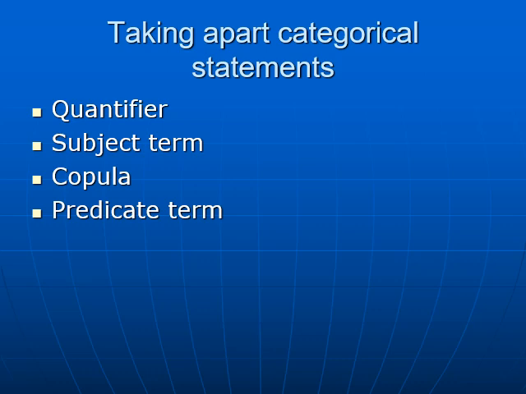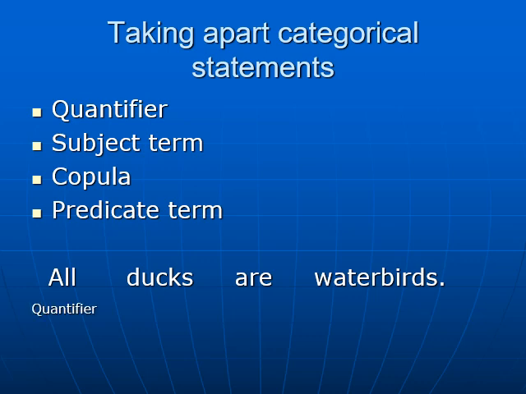If all trees are plants, then plants is the predicate term. So, you can spell out a categorical statement like this. All ducks are water birds, to use another example. All is the quantifier, ducks is the subject, are is the copula, and water birds is the predicate.